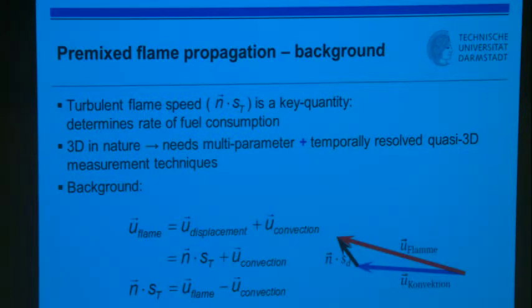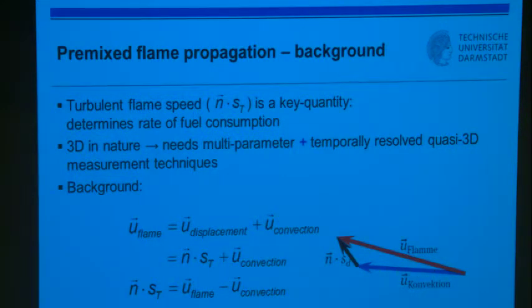Regarding the background for premixed flames, if you have an overall flame propagation shown by this red arrow, for example a flame element that is transported in a certain time step from here to here, then you can decompose that into a part due to convection and a part which is the turbulent flame speed, very often also called displacement speed, which is normal to the instantaneous surface of the flame front.